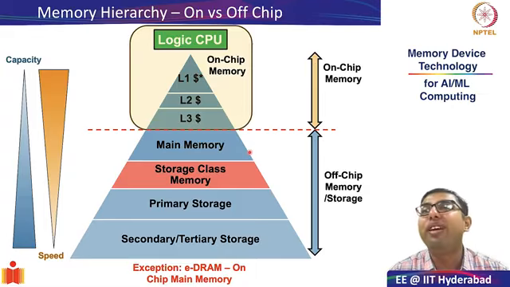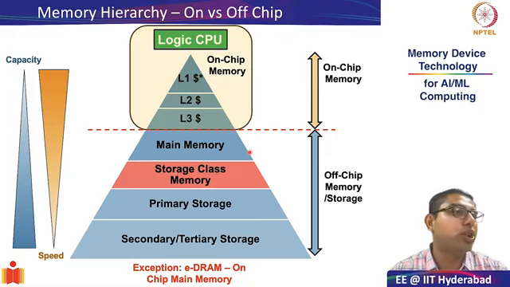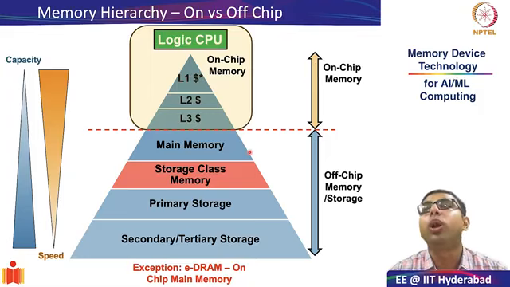However, it is very difficult to integrate your 1T 1C arrays, or DRAM memory, into the same chip as your CPU. And the answer why is very simple. It is regarding process technology.